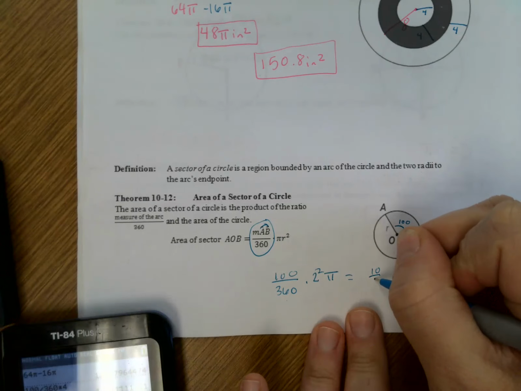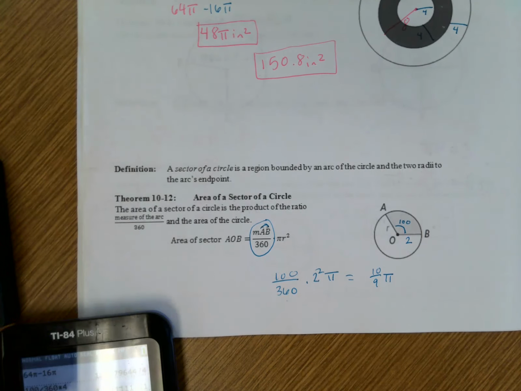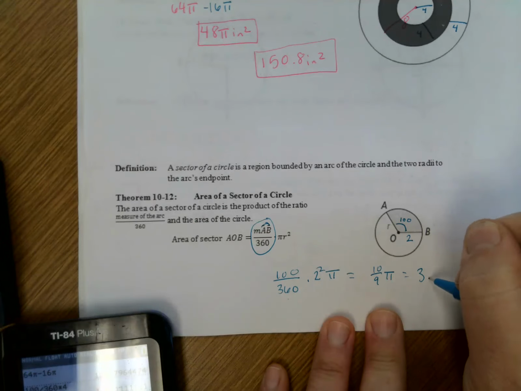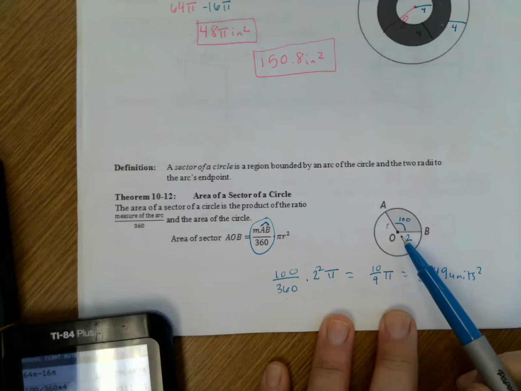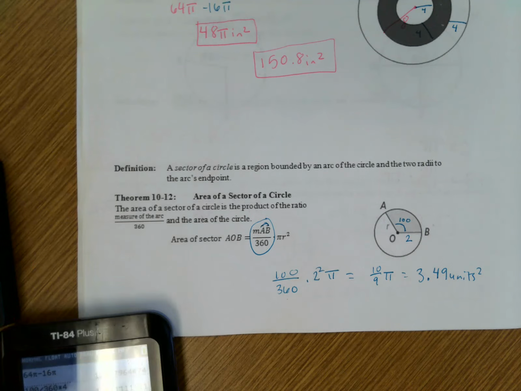That's not really a proper way to represent a number, so I'm going to multiply that by pi. This is the same thing as 3.49. Again, it's pretty small units squared because the radius that I chose was pretty small.